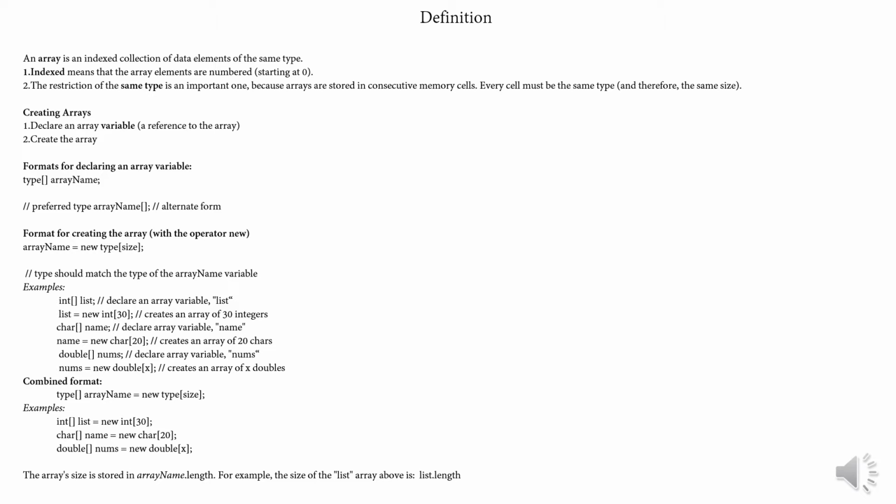Those are some simple examples. So as you see, you can combine these two steps in one step instead of having them in two separate steps. You can declare and create an array in one simple step.